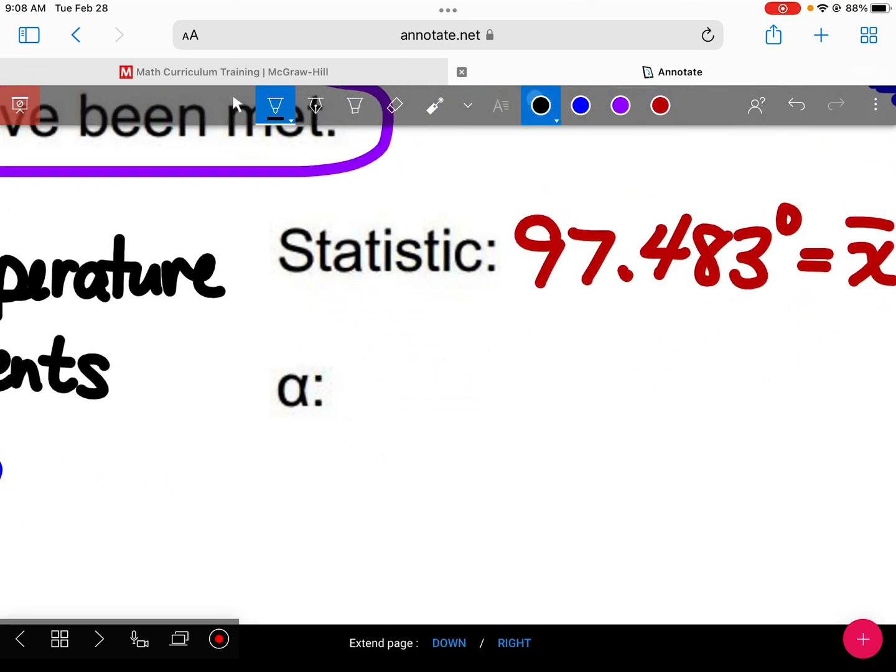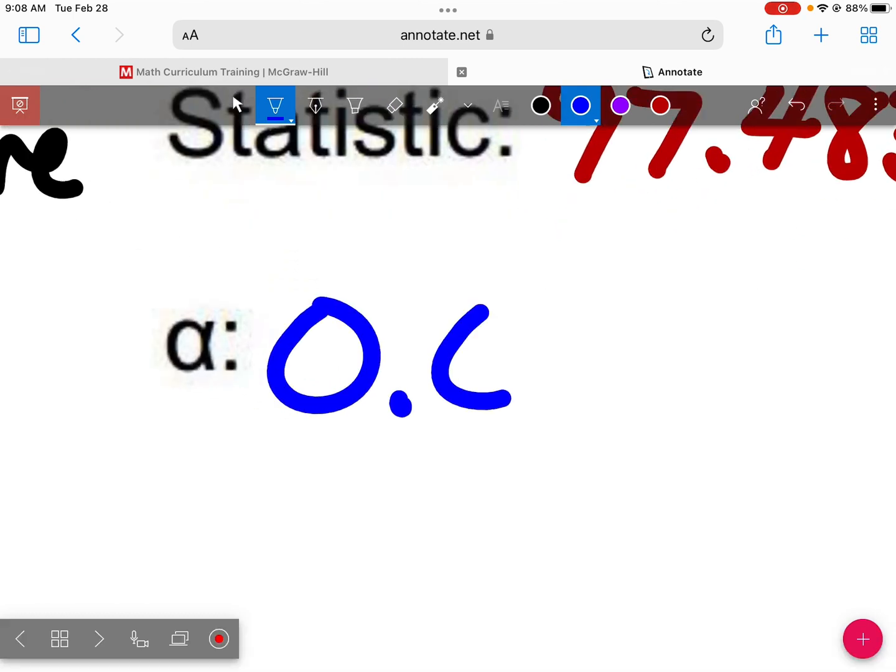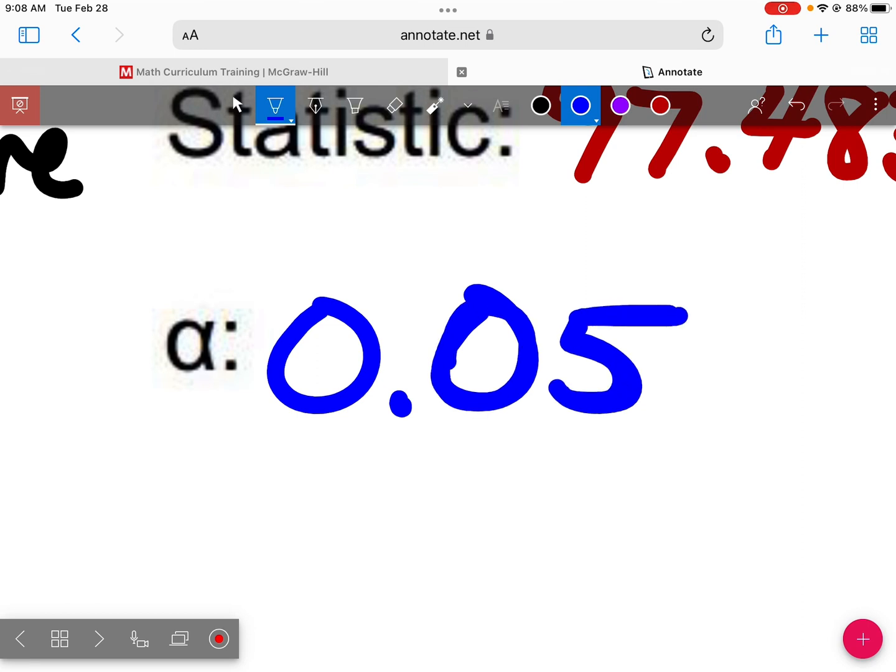Alpha level, did they give us an alpha level? What do we typically use if they don't tell us? Yes, 5%, 0.05. When we do confidence intervals, that would be 95%. When we're doing significance testing, we do 5%.